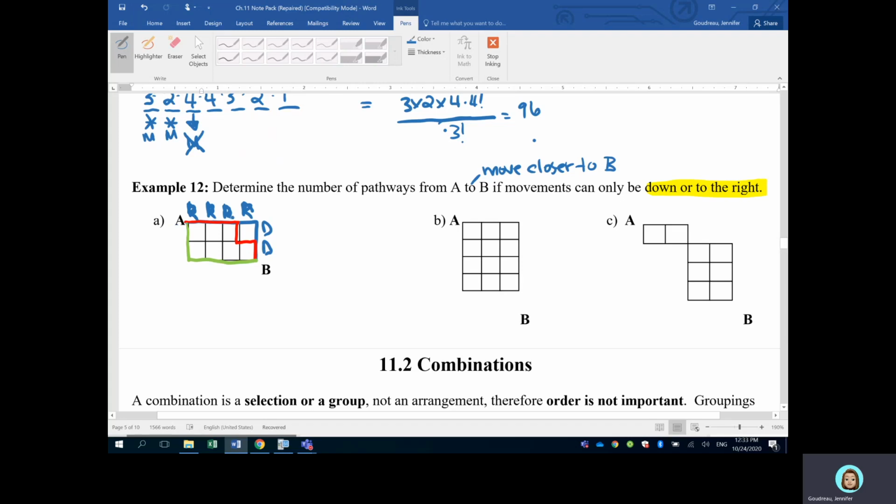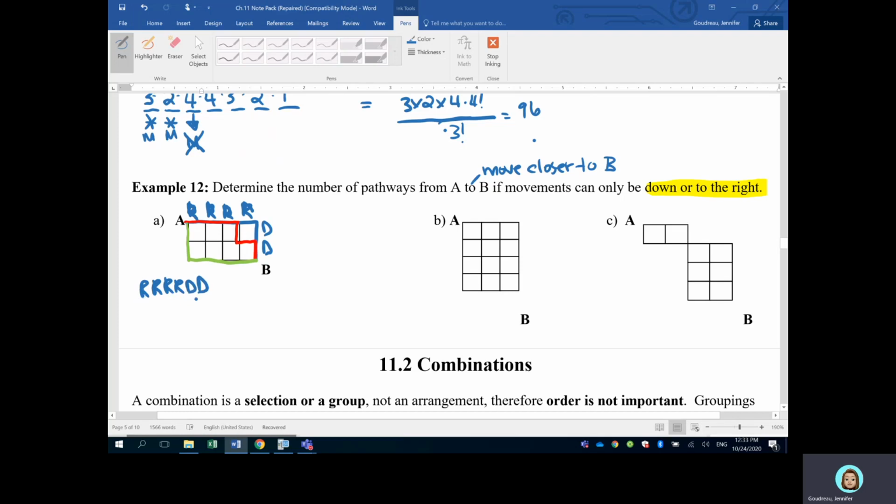We could go 3 over, 1 down, 1 to the right, 1 down. We can do this RRRRDD in any order. Well, as soon as we say that, that means we are arranging those letters. So what we do is we can actually take those letters, remove them from the grid, and just imagine that this was our question.